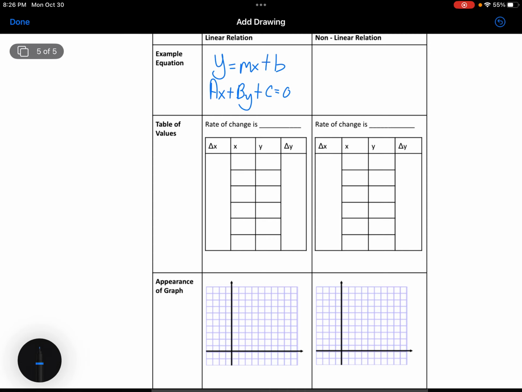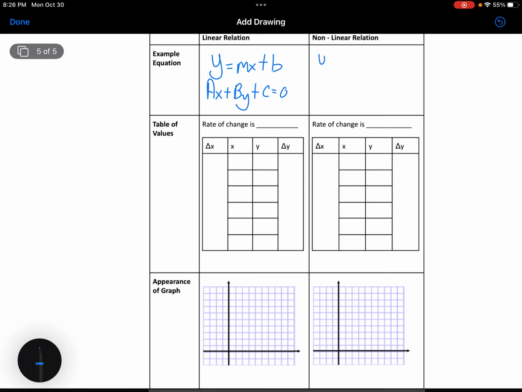Now a non-linear relation, it could be literally anything that has an exponent that is not 1 on our x values. We're not really going to deal with exponents on our y. We could deal with something like this, which is really just a 1/2 exponent. And the other thing that we could look at is if x is in the exponent.